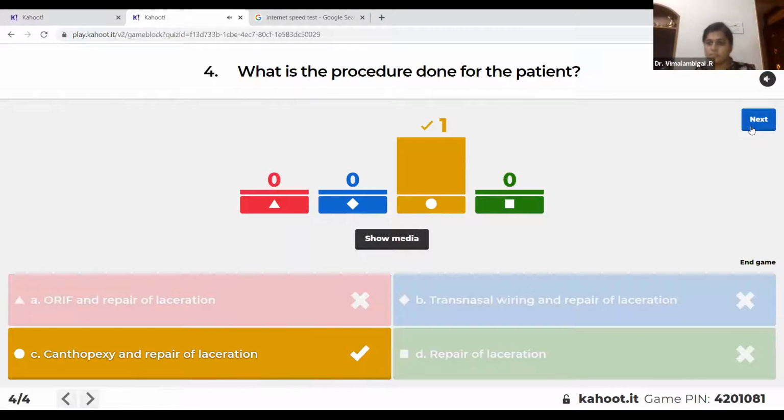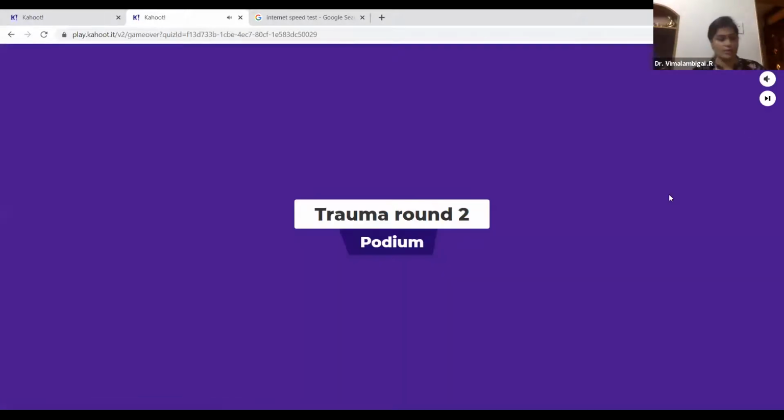If you had seen that picture, what we had done is we had used a wire, 26 gauge wire, to catch hold of the medial canthal tendon. We had done a transnasal hole, drilled it, and we had attached it to the opposite side of the medial canthal area. Now the point of attachment is superior and posterior to the horizontal attachment of the normal medial canthus. Yeah. So you've answered 4 questions, and so the round is over for you.